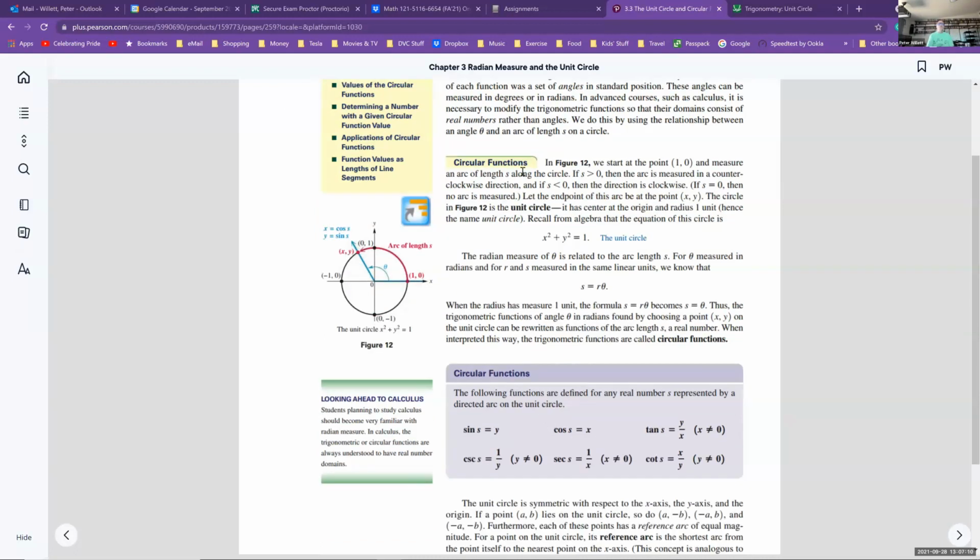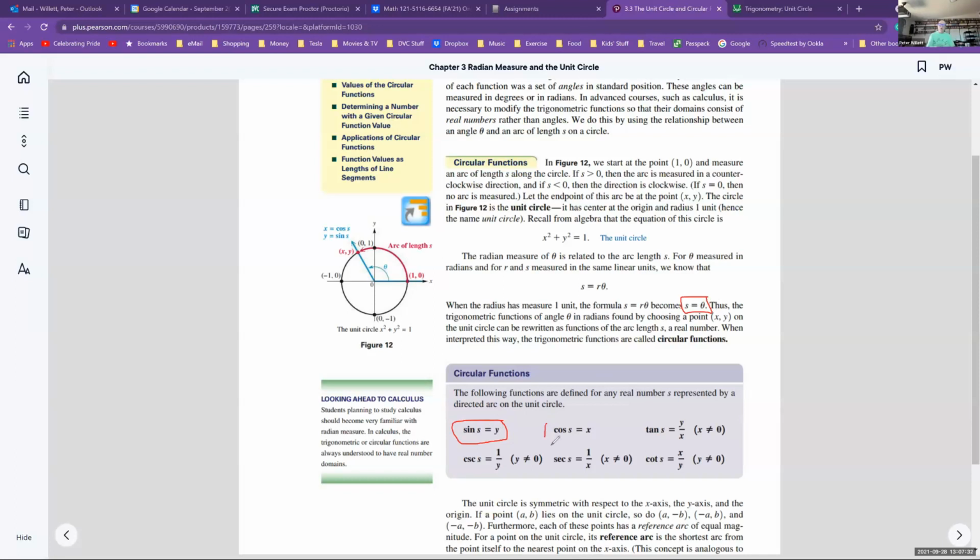Just to look at the 2 primary ones here, and then we'll leave this. They define the sine of the arc length S, which remember for a unit circle, that's the same as the angle theta. The sine is equal to the y value of the point, which is the way I've been defining it all along.